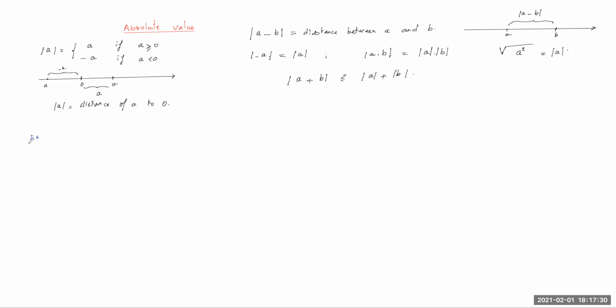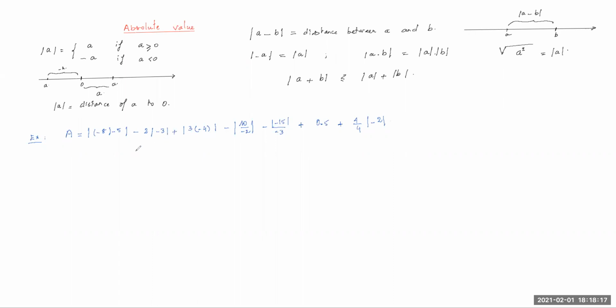For example, suppose I am asked to give the exact value of this complex expression: 2 times the absolute value of minus 3, plus the absolute value of 3 times minus 4, minus the absolute value of 10 over minus 2, minus the absolute value of minus 15 over minus 3, plus 0.5, plus 1 over 4 times the absolute value of minus 2.